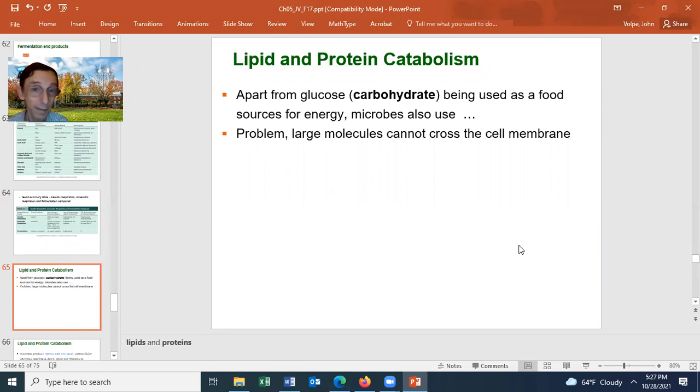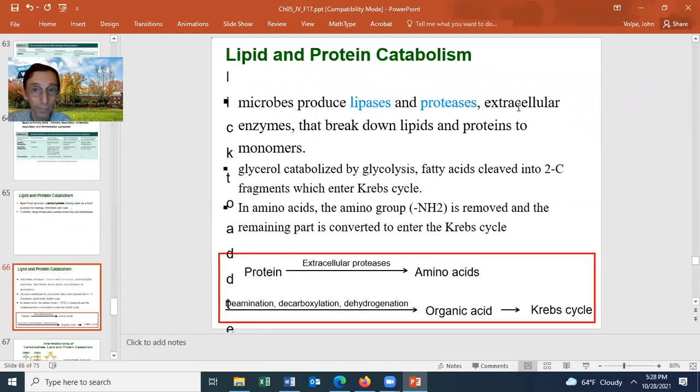There's a problem because these large molecules cannot cross the cell membrane, but we can digest them extracellularly, meaning secrete enzymes outside of the cell to digest lipids and proteins. And that is how we digest lipids and proteins, if you don't know.